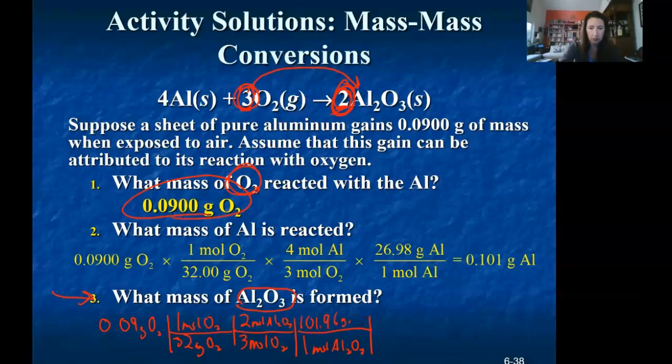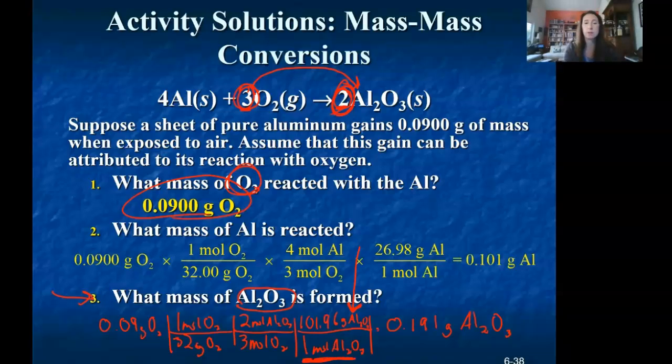And the molar mass is, I got 101.96 grams of Al2O3. And I'm seeing lots of correct significant figures. 0.191 grams of Al2O3. Remember, whenever you look at the periodic table, so this number here we got from looking at the periodic table. The number above or below it is always 1 mole.